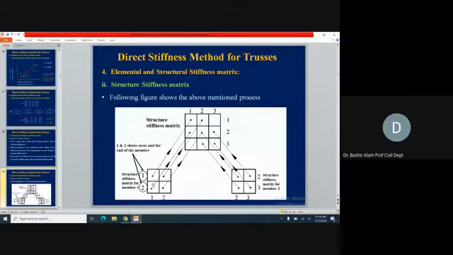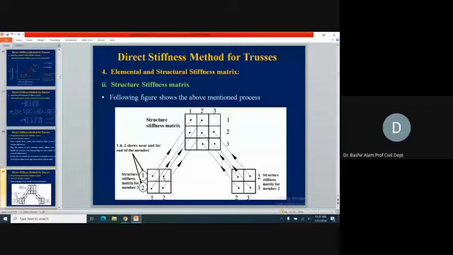Now how are these 2 element stiffness matrices going to be added to make a structural stiffness matrix, which is here. And the order is 3 cross 3. So how will this be made? You see here, this element definition is 1 1, first row, first column. So this 1 1, we are bringing to the 1 1 position in the structural stiffness matrix.